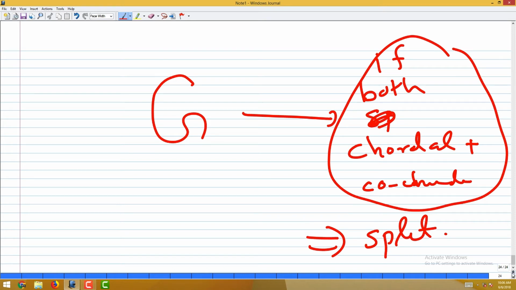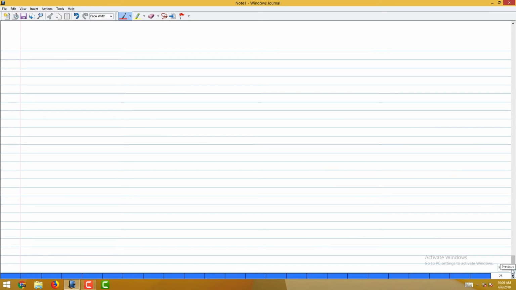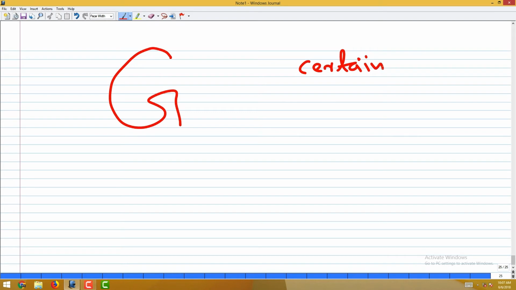The point to note is that suppose a graph is chordal and co-chordal, then certain induced subgraphs are missing from that graph. Which are the things?